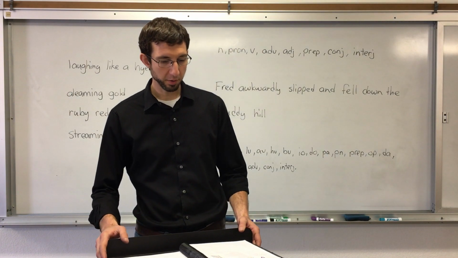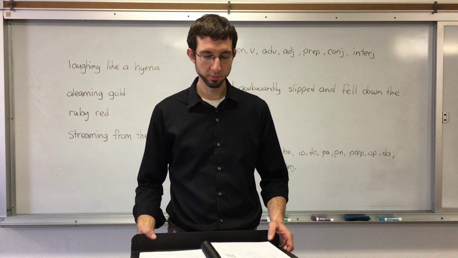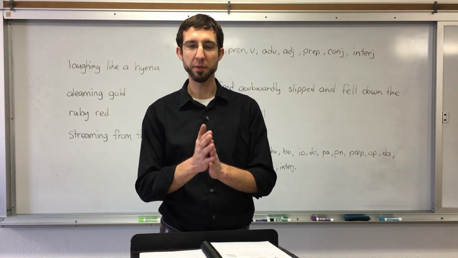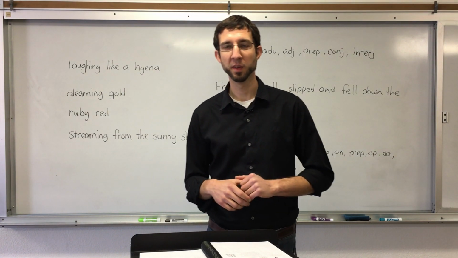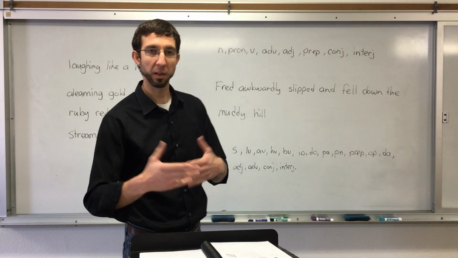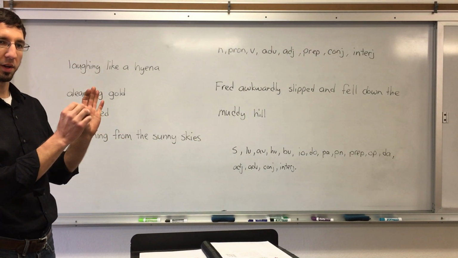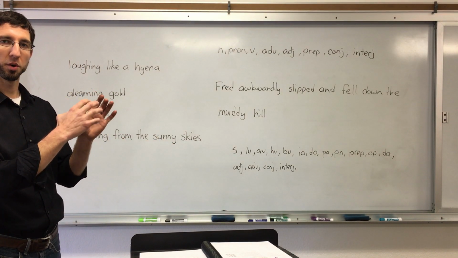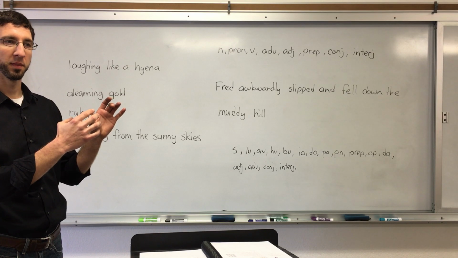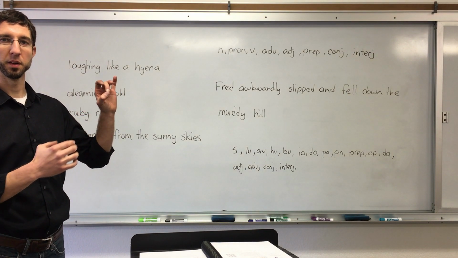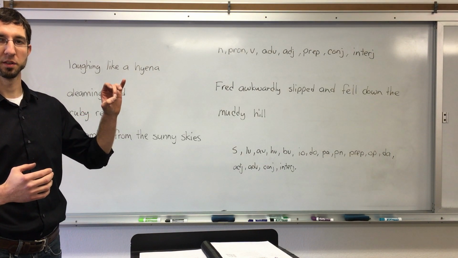Alliteration. What is alliteration? Okay, so I feel like I should talk about this just a bit. Alliteration is when words are used in poetry that start with the same consonant sound.